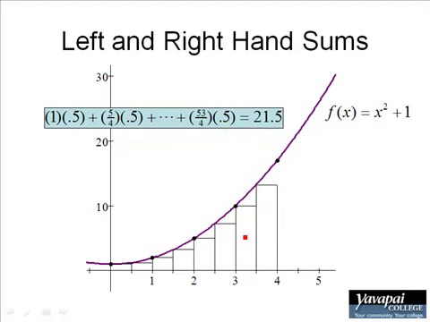So if I add up all of these 8 rectangles here, I'm going to get 1 times 0.5, 5/4 times 0.5, all the way up to 53/4 times 0.5, and that gives me an area of 21.5. Notice that the only difference from the previous example when I had fewer rectangles is now I'm still touching on the left-hand side, but they have a different width here.